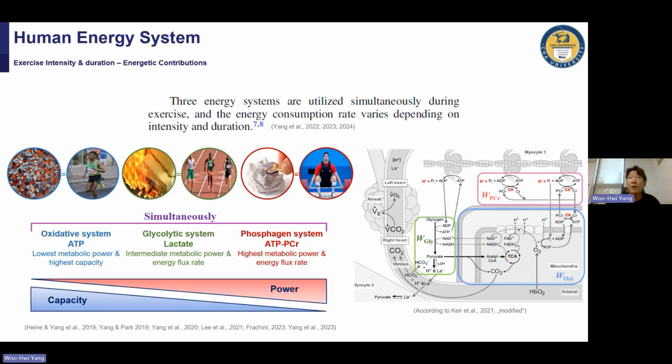For introduction, human energy systems are simultaneously utilized during different exercises, such as phosphorylation, glycolytic and oxidative systems. However, which energy system is predominantly used depends on exercise intensity and duration.